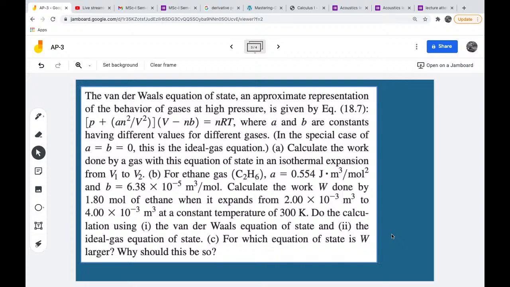Let me enlarge it a bit so that we can read it even if you are reading it on a small screen, and then we can go ahead and solve it.